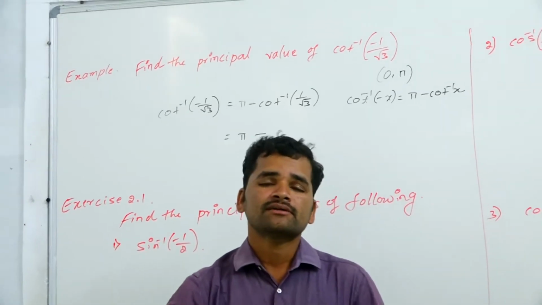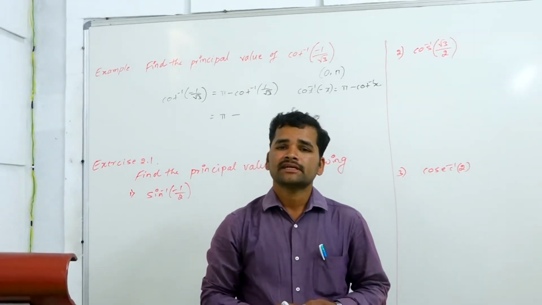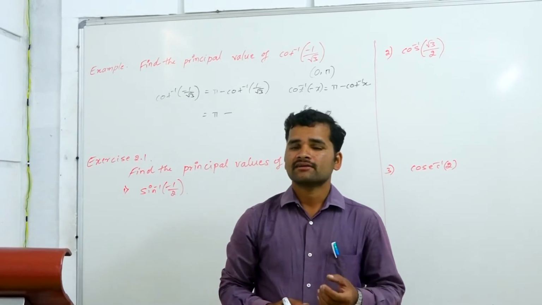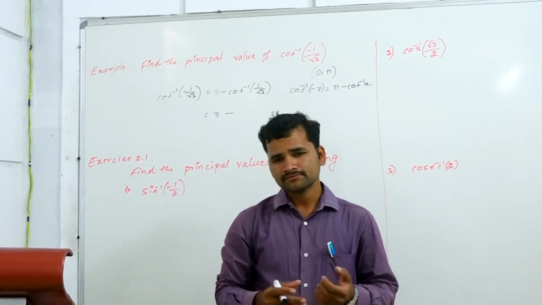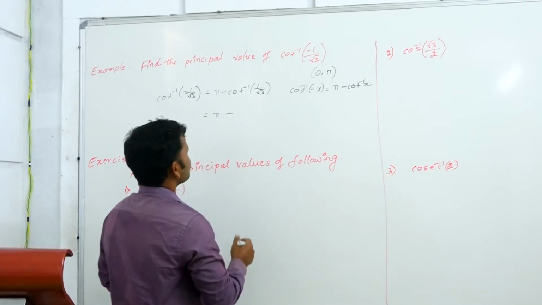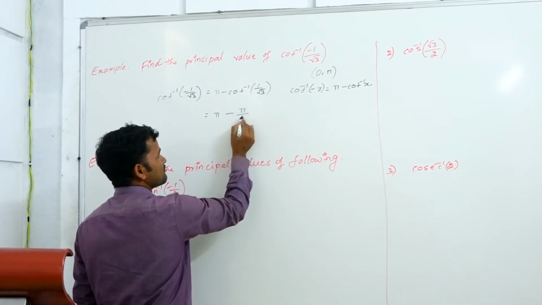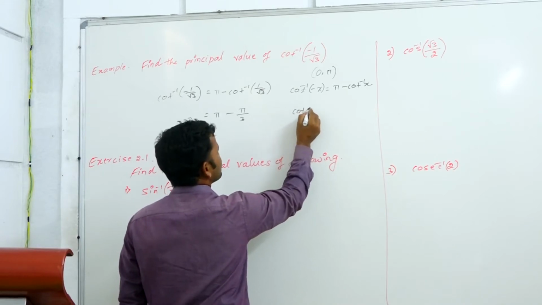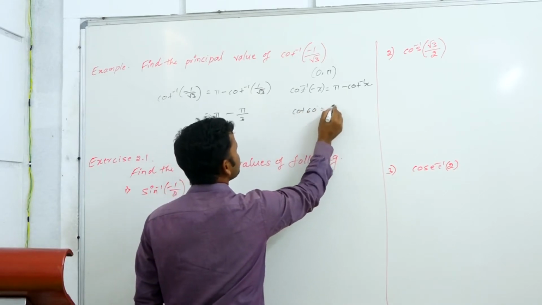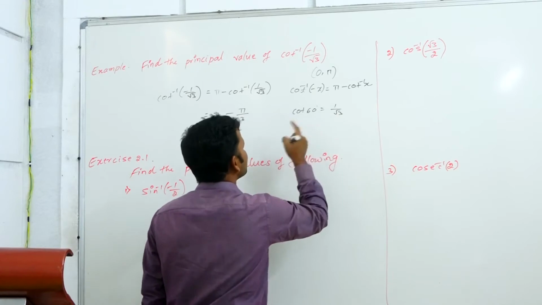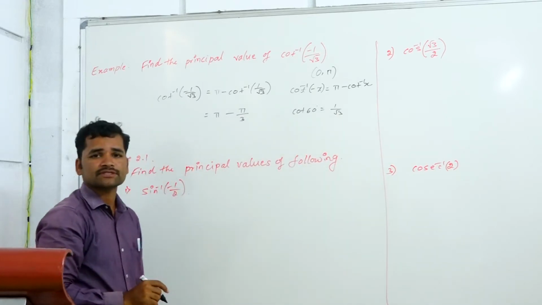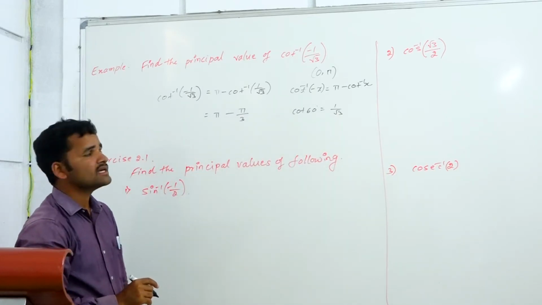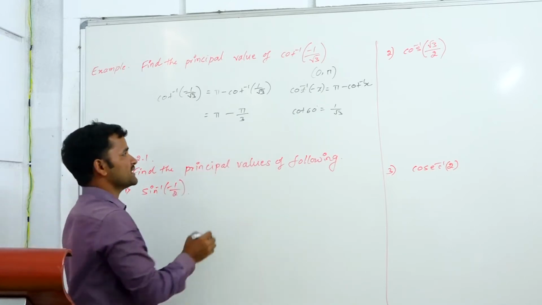Just to remember, cot of which angle gives you 1 by root 3? That is 60 degrees. Cot 60 degrees is 1 by root 3, so cot inverse of 1 by root 3 is pi by 3. You can remember it from the first year table. In radians, 60 degrees is pi by 3.